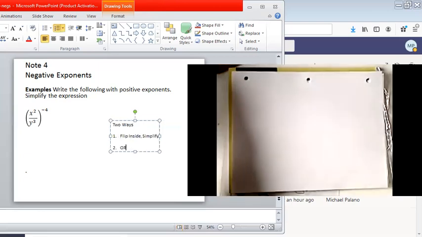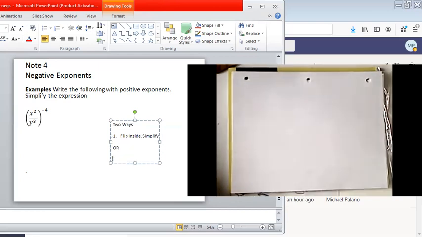Or you can just apply the exponent, apply the outside, I mean, and then flip each part afterwards.